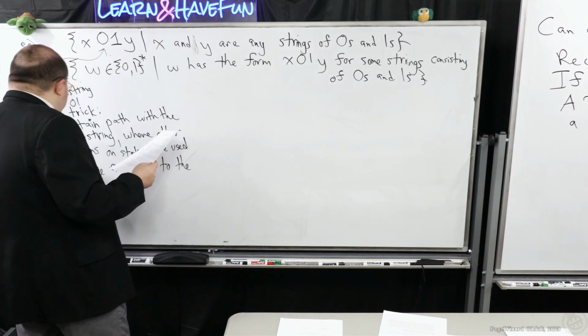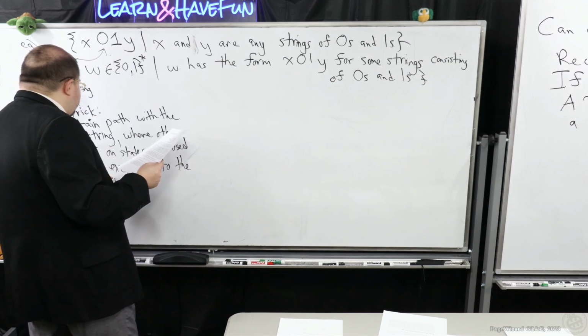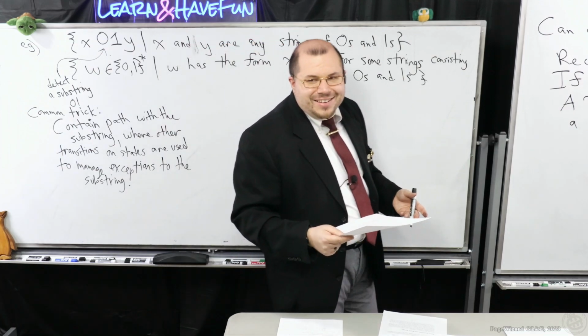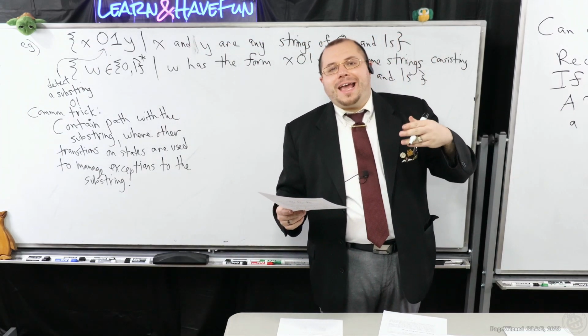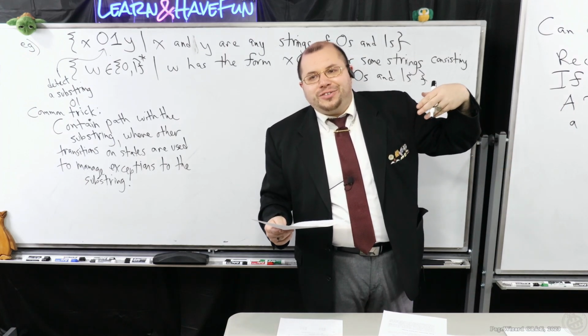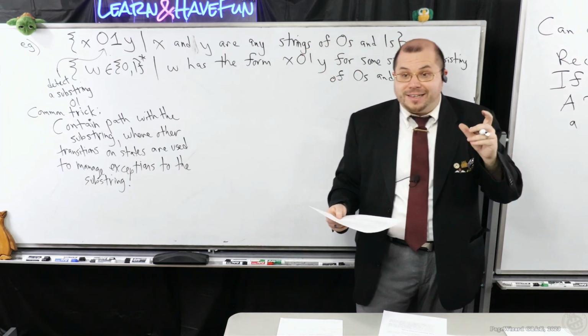That is, remember, all we need is just to encounter the substring, and then we're okay, right? We just got to make sure that if we run into anything else after the fact, that we're not interfering with this process of detecting 0, then 1.